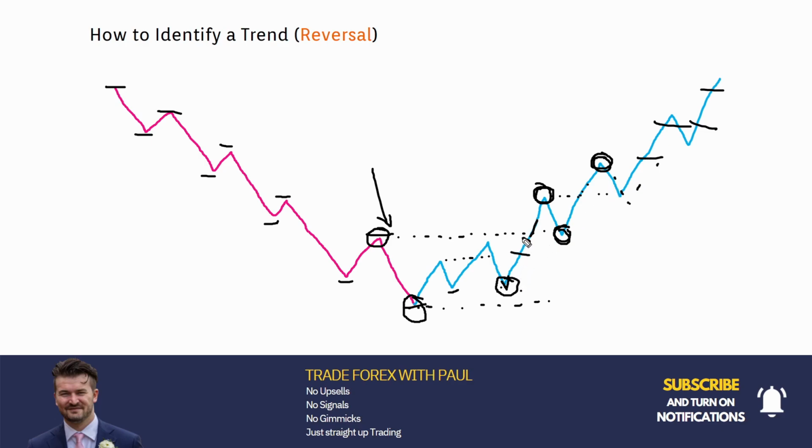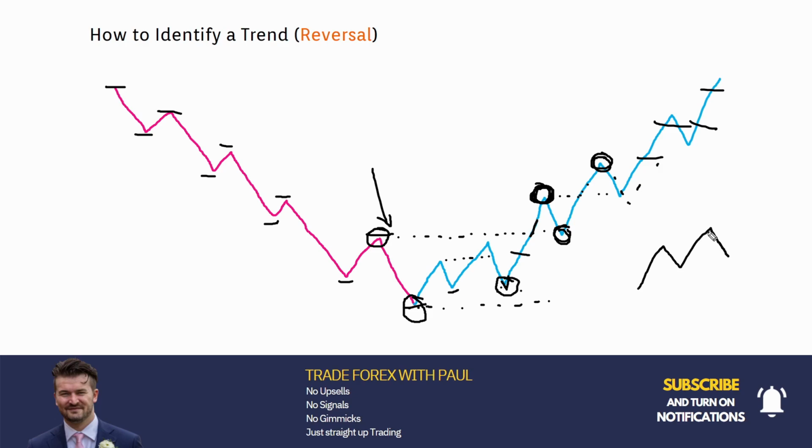Well, actually it's not down here and it's not here. And the reason why I say that it's not this one here, even though we had this break of the move here, is that we need the confirmation of this break to confirm our 1, 2, 3, 4 move. I hate using that phrase, but there it is. 1, 2, 3, 4. Now we can say that we're in an upward trend.